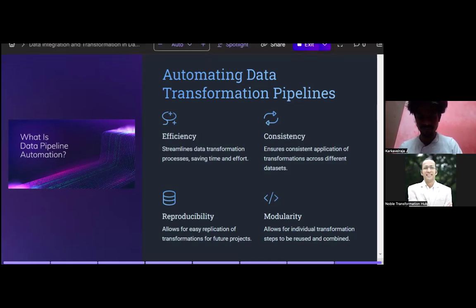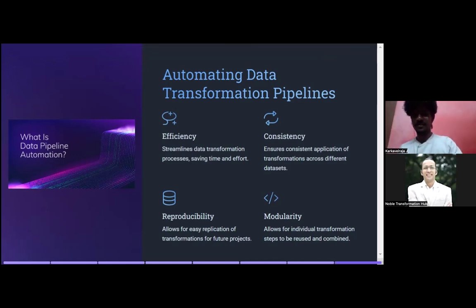So, automating the data transformation pipeline. A pipeline is an end-to-end process covering all the steps, processes, and phases from the data we have collected onwards.